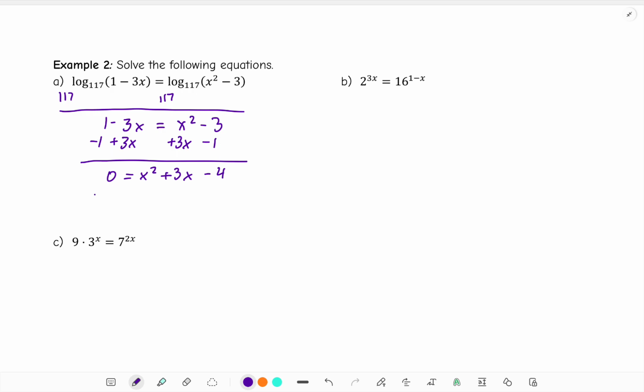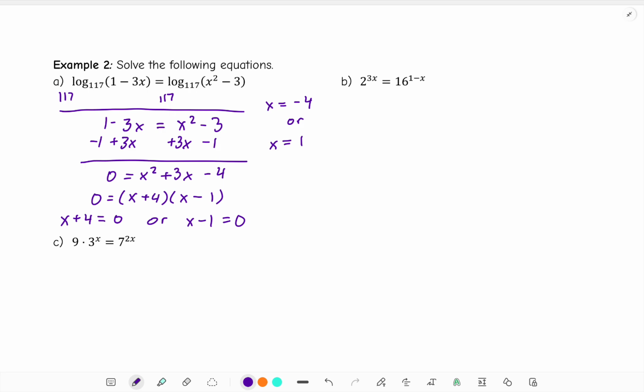And then factor it. So 0 equals x plus 4, x minus 1. Set each factor equal to 0, so x plus 4 equals 0, or x minus 1 equals 0. So we get x equals negative 4, or x equals 1.